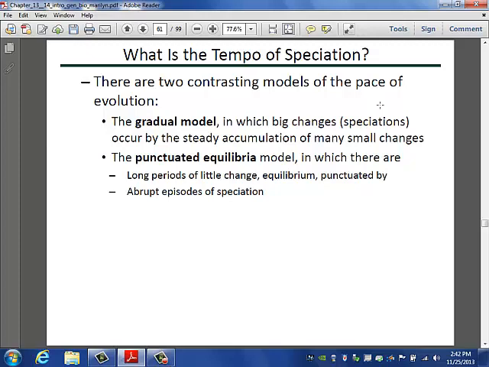So what is the tempo of speciation? Two contrasting models of the pace of evolution. We can have a gradual model, where speciation occurs by the steady accumulation of many small changes. Or we can have something called punctuated equilibria. And what is that?